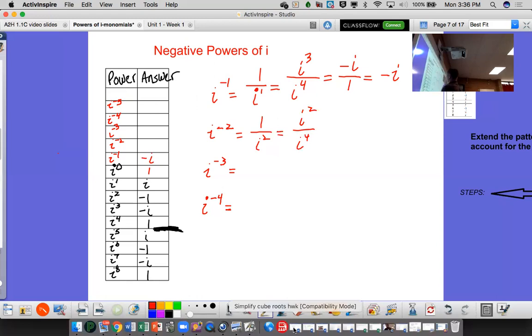We're temporarily borrowing some of these things that we already know the answers to so that we're still staying equal. We have 2 more i's in the bottom than we do on top, so technically we're changing the fraction for a convenient reason so we can come up with a different answer. i to the fourth is 1. i squared is negative 1. So this would equal negative 1. So i to the negative 2 equals negative 1.